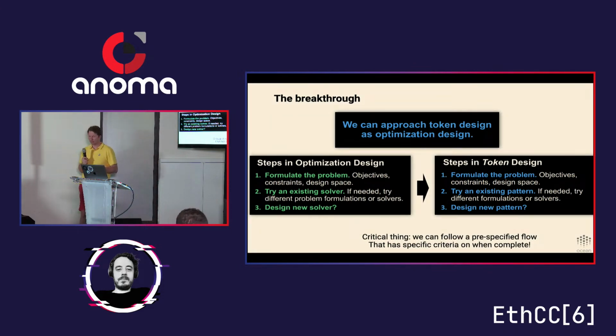Try an existing solver. If you have a problem that can be solved as a linear programming problem, great, use a linear programming solver. If it can be solved with linear regression or a simple neural network or an SVM, go use it. Try one solver, but try a few, and use the one that works best according to your criteria. And if that solves your problem, great, you're done.